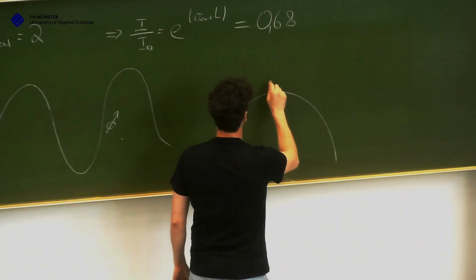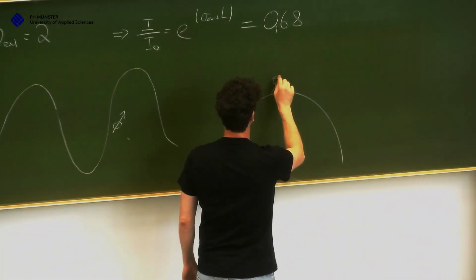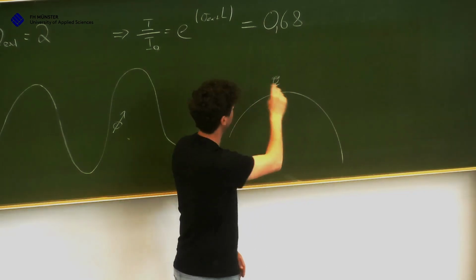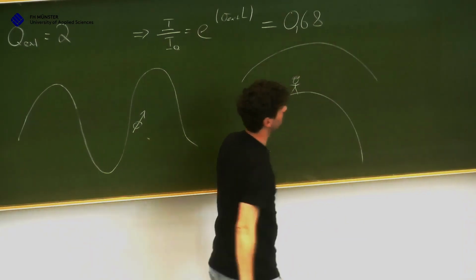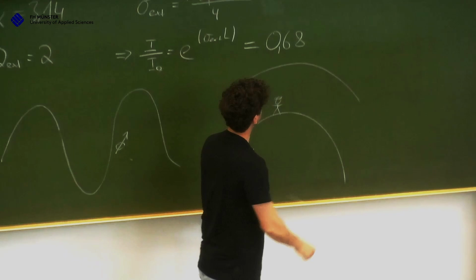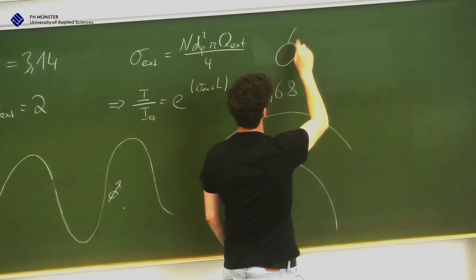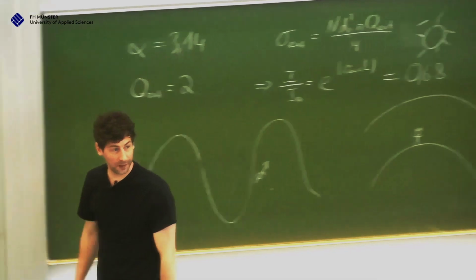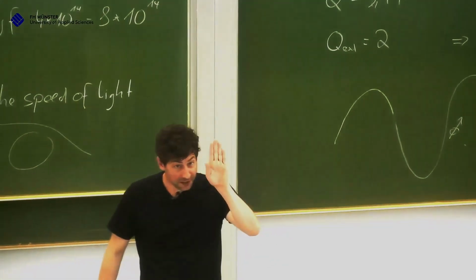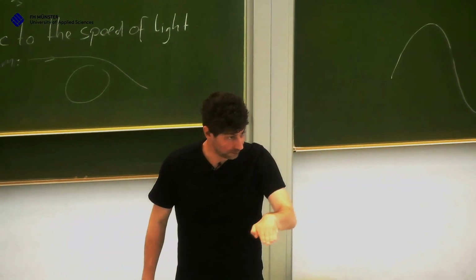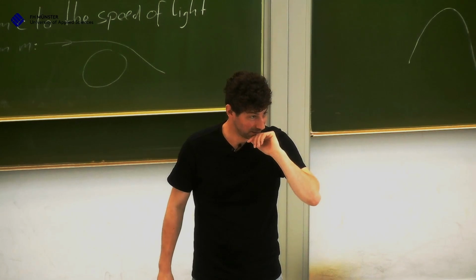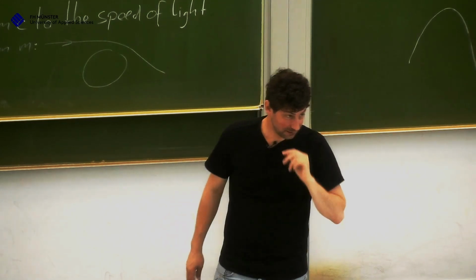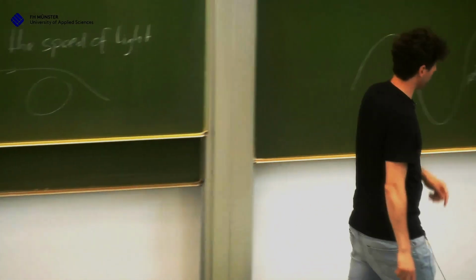So that's me, okay? That's the atmosphere. And here is the sun. This is the picture. What happens if the sun goes down? Yeah? The angle changes, right?